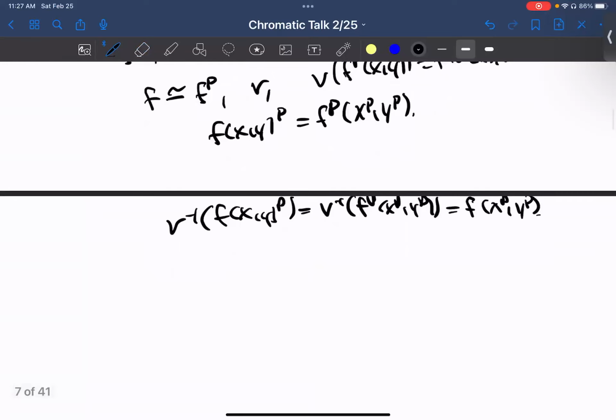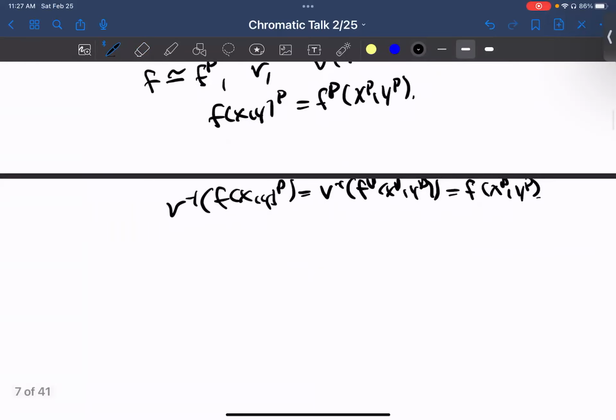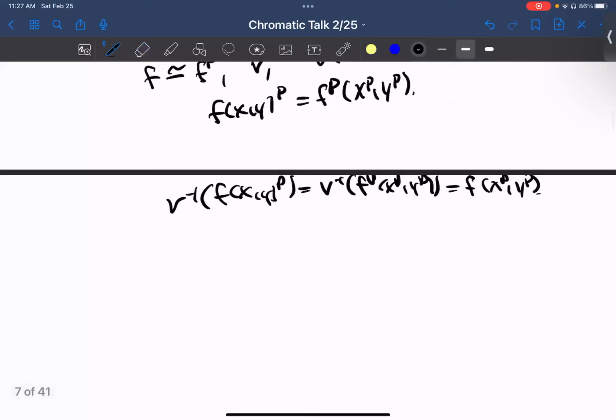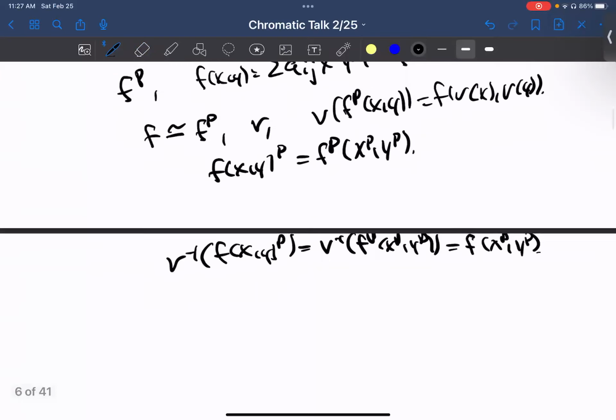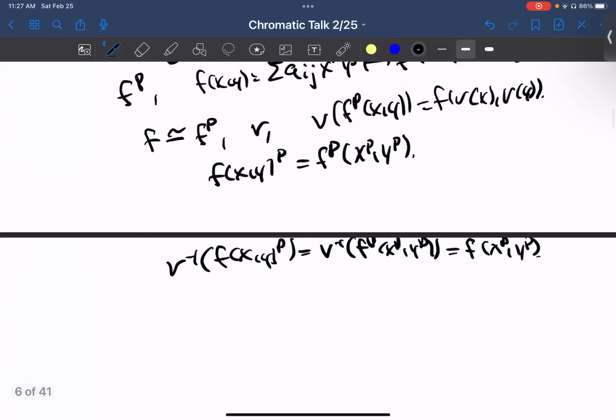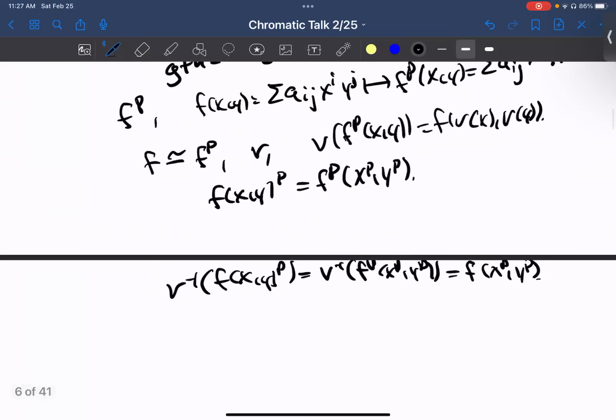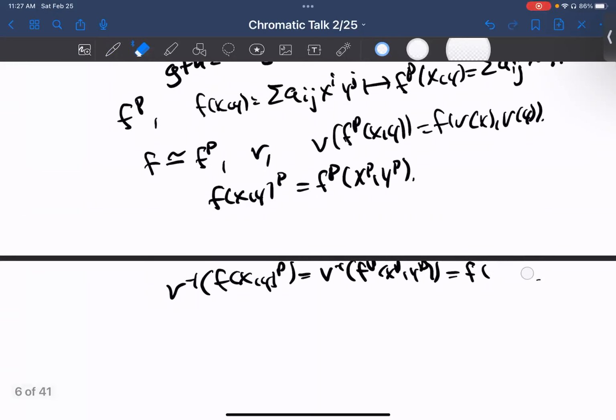So in particular, if we do... is this what I want to do? This looks weird. This should be nu in here.